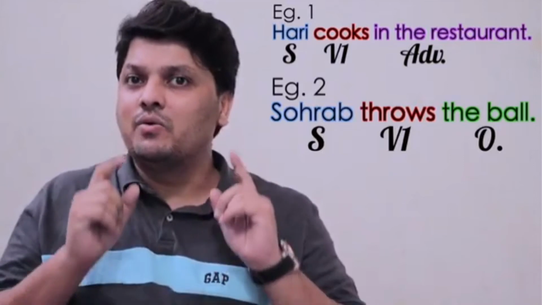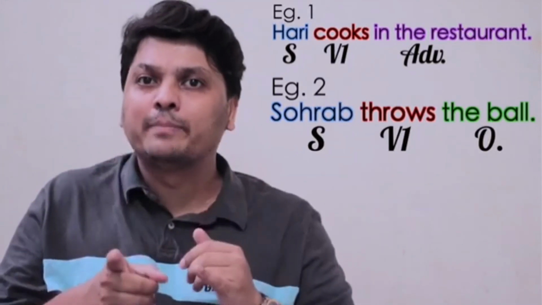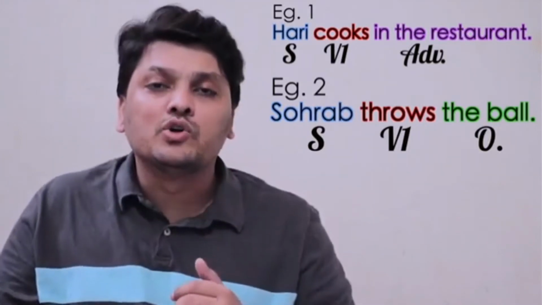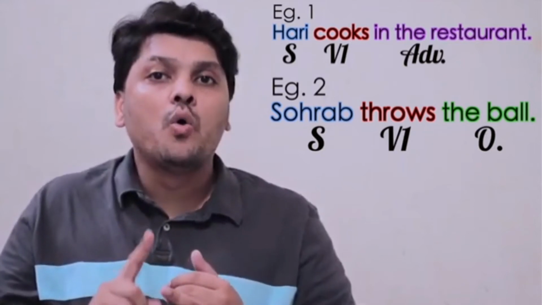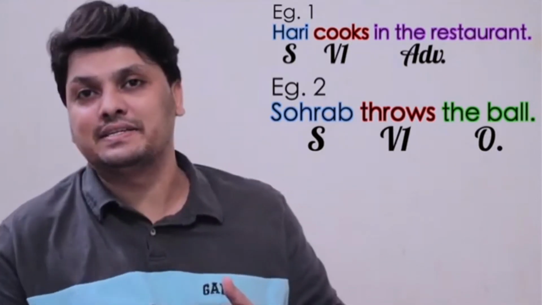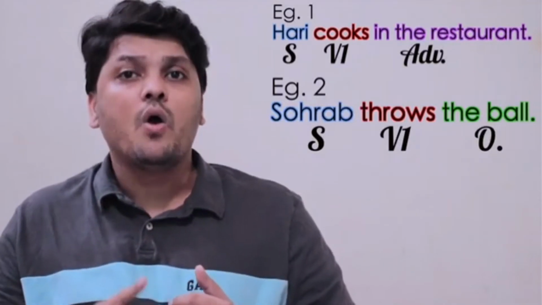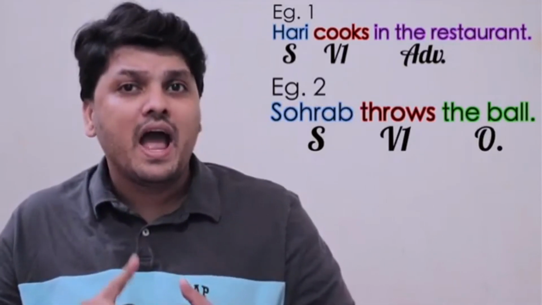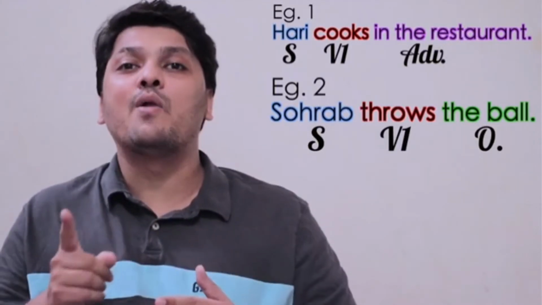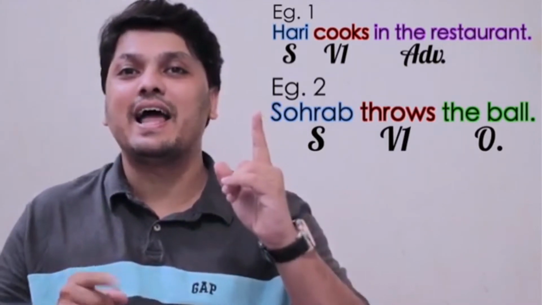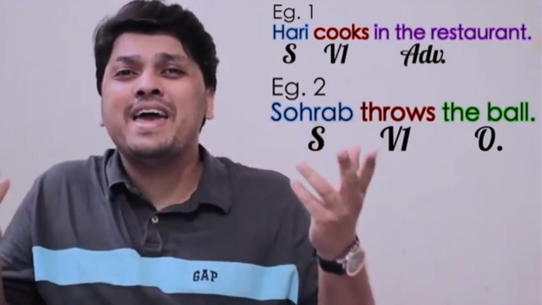So one thing to be very clear, to get object of the sentence, ask question what or whom, you will get object in the sentence. And if you ask questions like where, when, why, how, you will get adverb. So in the first sentence, I asked, cooks where?